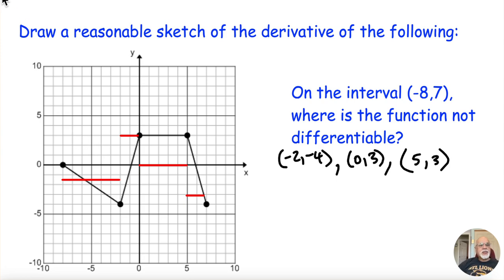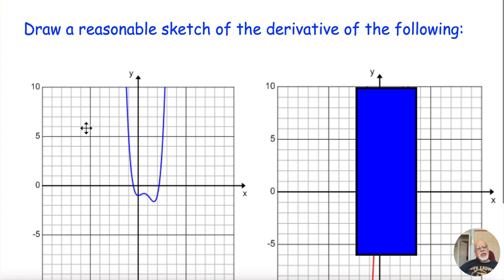All right, moving along. Now, you want to look at this. This looks like a quartic. I just got 3 humps here, 3 transitions, so it's a quartic. It's going from Q2 to Q1. And so its derivative is going to be cubic. So draw a reasonable sketch of what you think the cubic might look like based on where you see these transition points taking place.